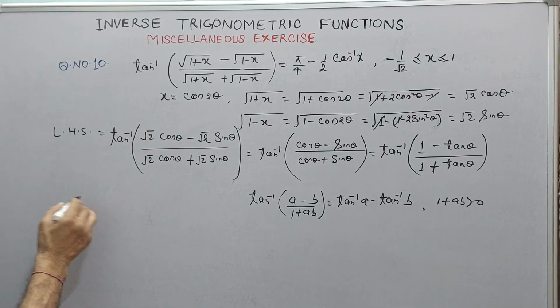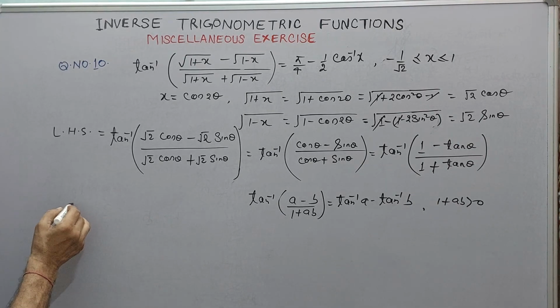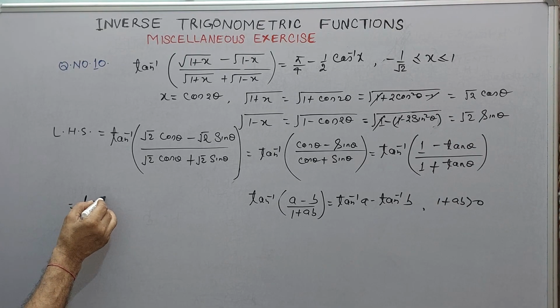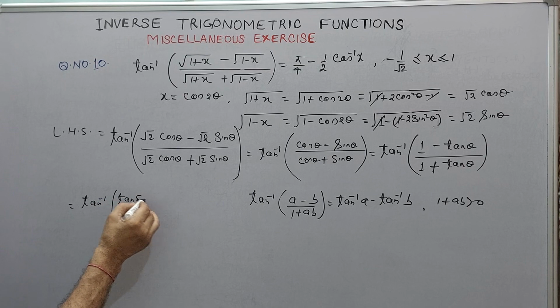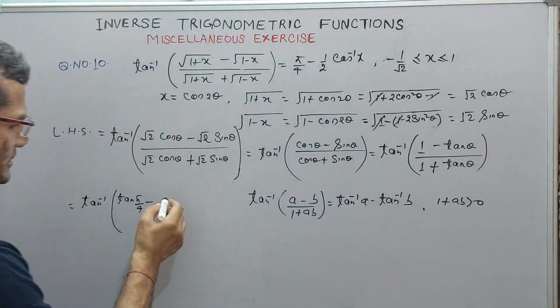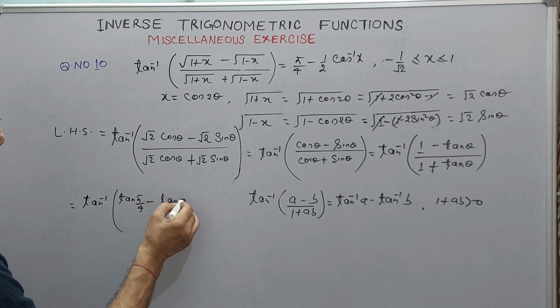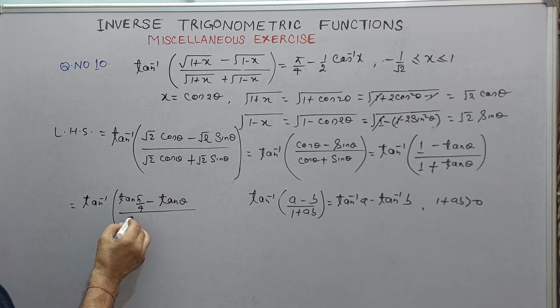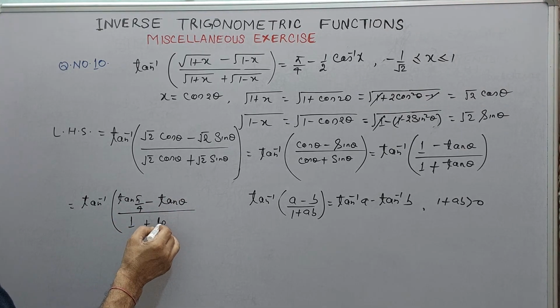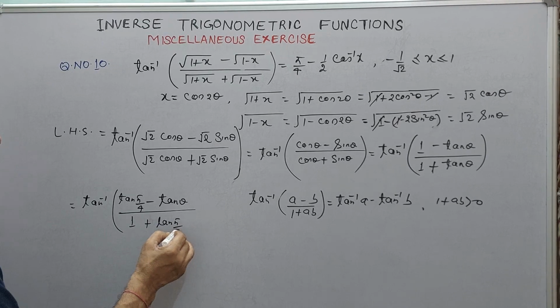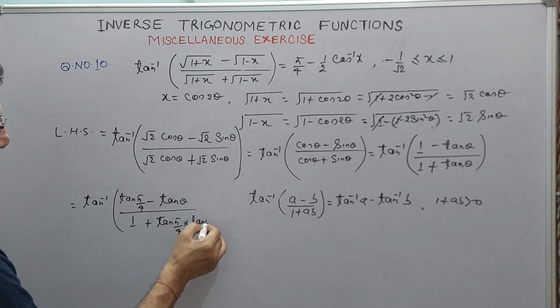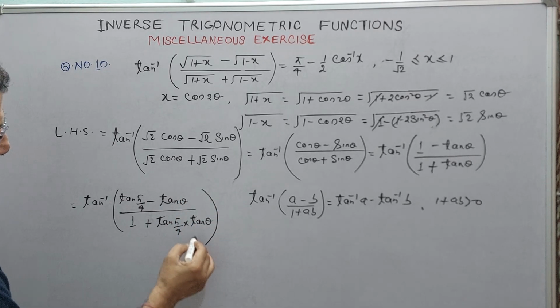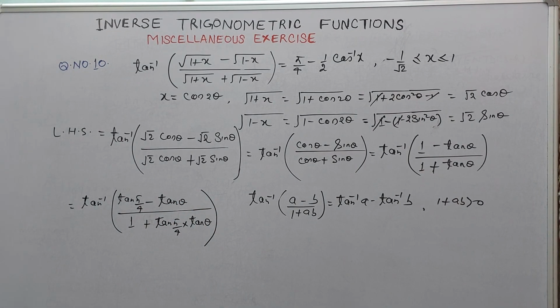Now this becomes finally tan inverse of tan pi by 4 minus tan theta, divided by 1 plus tan pi by 4 into tan theta. So this is the value.